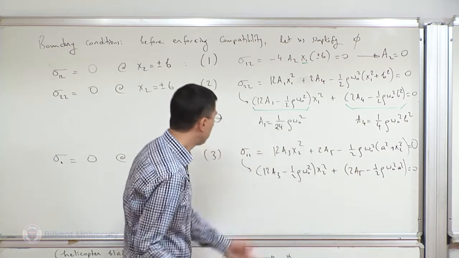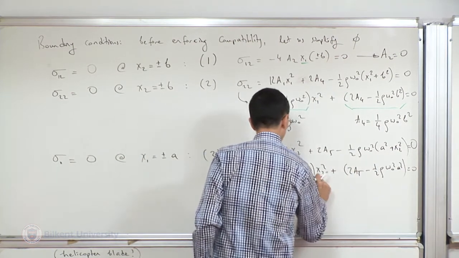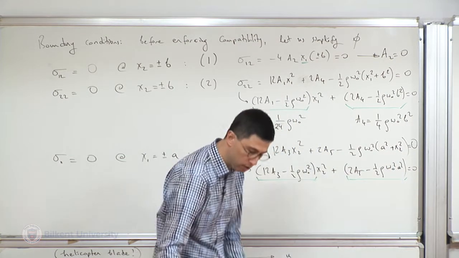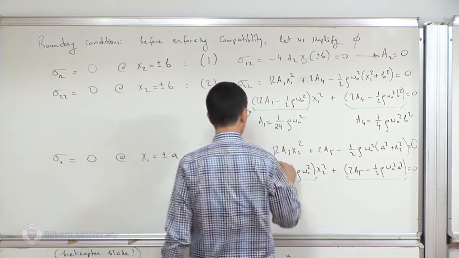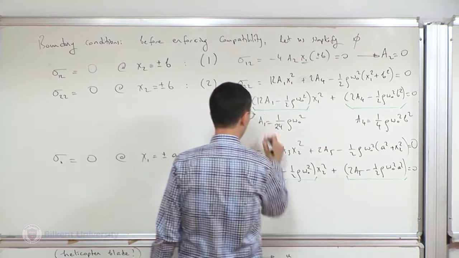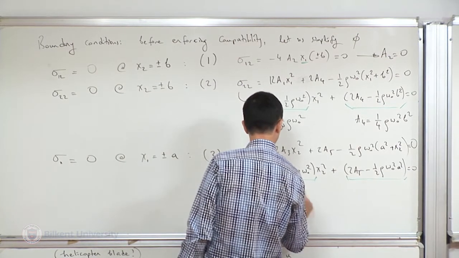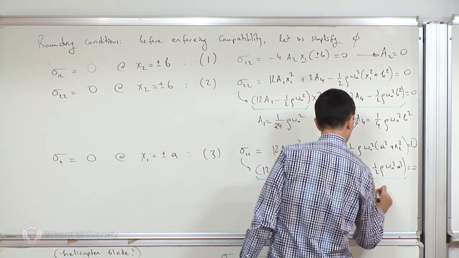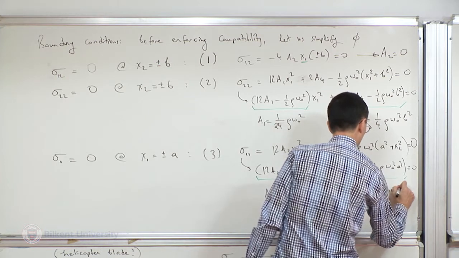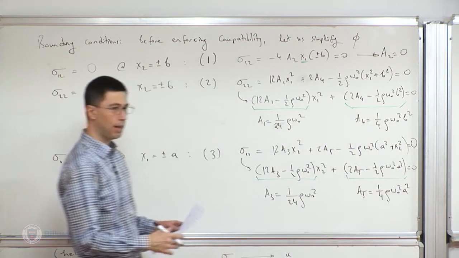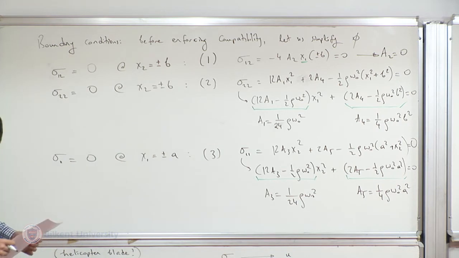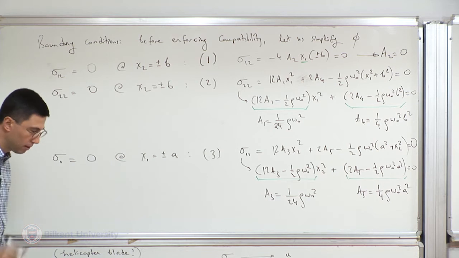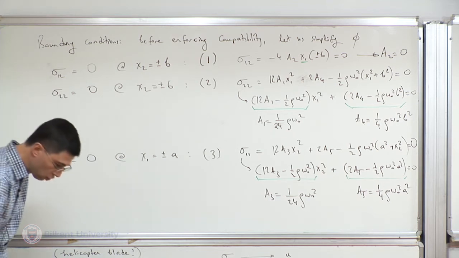Okay. And since this has to hold for every choice of x2, these two terms individually have to vanish. And I find that a3 is equal to essentially a1, which is 1 over 24 rho omega naught squared, and a5 is 1 over 4 rho omega naught squared a squared. Okay, so that's where we are.